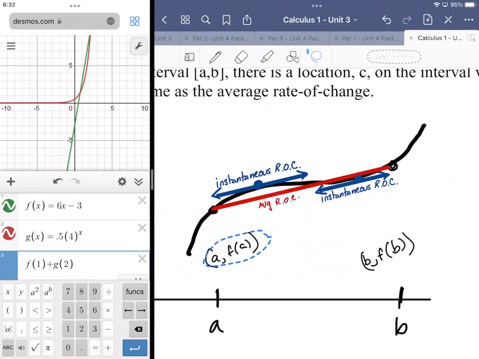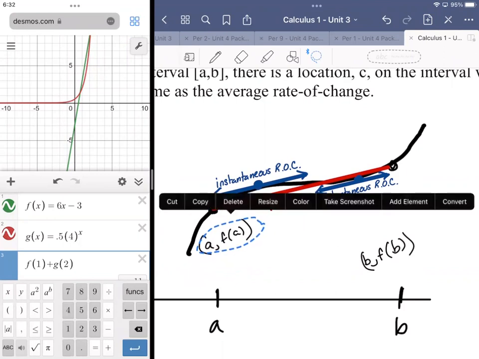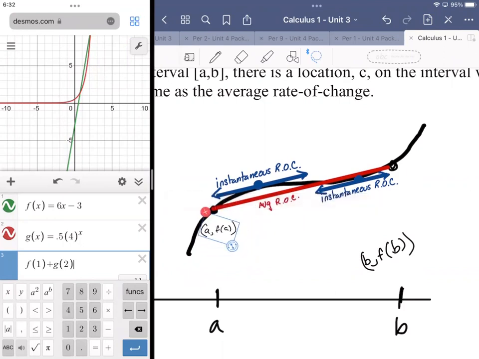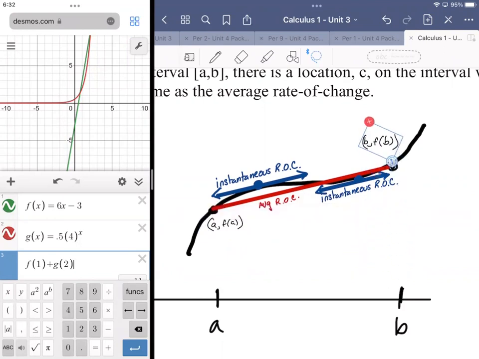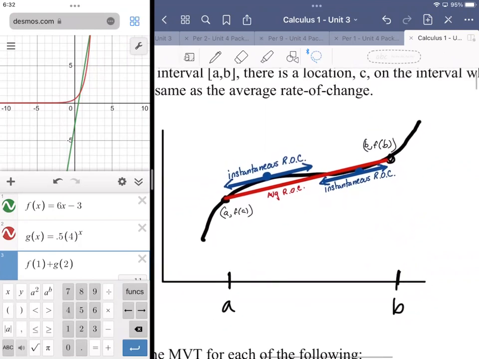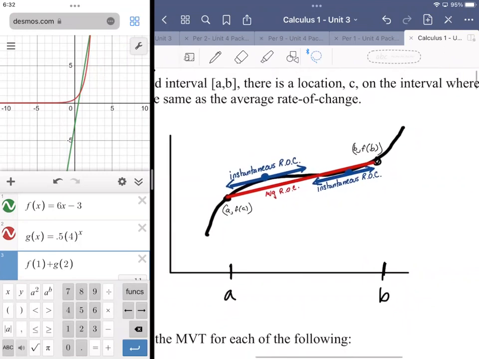And finally, I got to figure out how to get my f of a in there. And nice and tiny. There we go. It looks glorious. So those are two instances where the instantaneous rate of change and the average rate of change are the same.